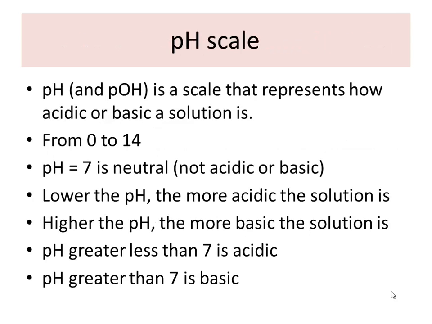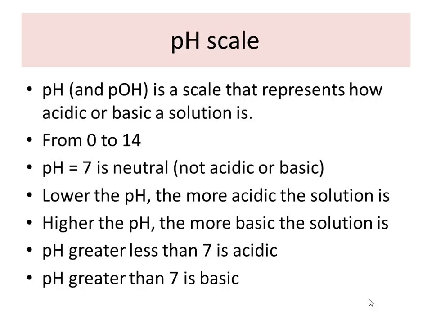pH scale. This is our longest slide, and this is pretty much the rest of the notes. So pH is a scale that represents how acidic or basic a substance is. It goes from 0 to 14 normally. 7 is in the middle of that scale, and that is considered to be a neutral pH, meaning it's not acidic or basic.